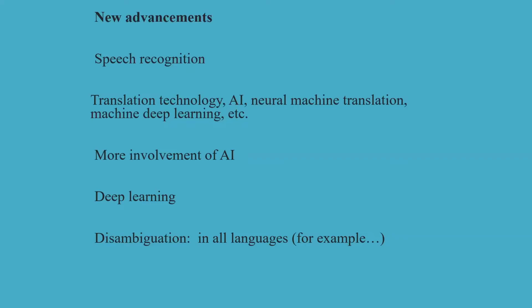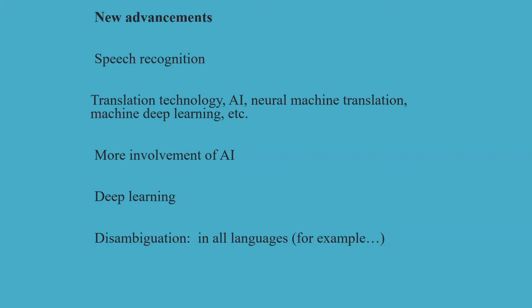The most serious problem with machine translation is, in my opinion, how to do disambiguation of a language. In all languages, actually, for example, in English, we can see a very simple example. Because there are some ambiguities in the examples, machine cannot deal with them in a proper way.